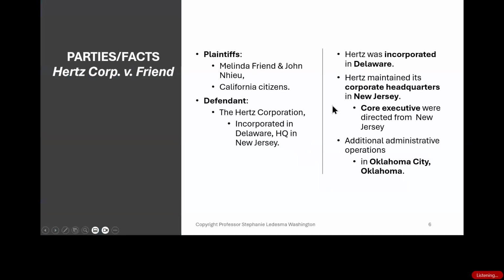Let's look at the parties. We have Melinda Friend and Jean Nui, California citizens, California domiciles. We have the defendant, Hertz Corporation, incorporated in Delaware, right, with a corporate headquarters in New Jersey. Its core executive and administrative functions are directed from New Jersey.